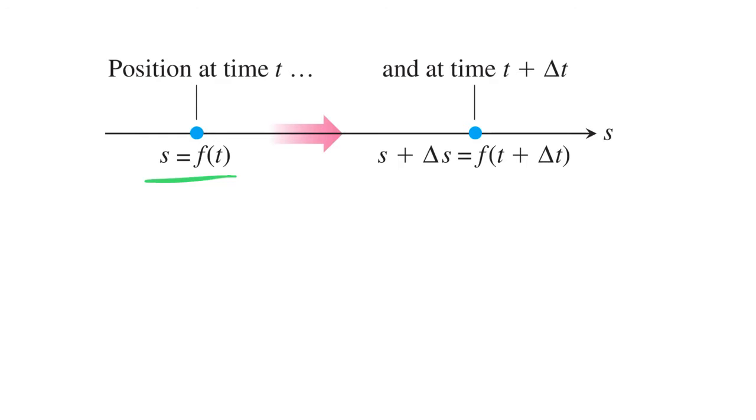We can call how much the object moves its displacement. Displacement's another word for that. And displacement happens over an interval of time from t to time t plus some small delta t, some small change in t. So we can use this to demonstrate what the displacement is.